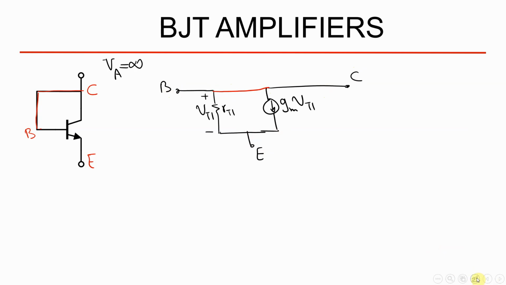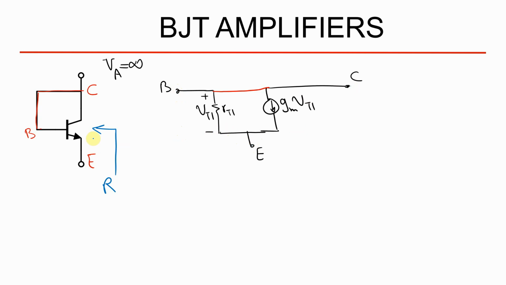And now I'm going to calculate the resistance between these two nodes, between the collector and the emitter here. What is the R seen between collector and the emitter? If you look at it closely, you can see that instead of a 3 node device, now we have just a 2 node device.